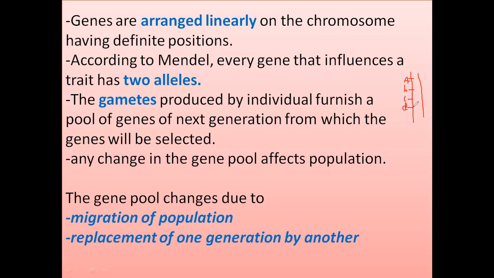According to Mendel, every gene that influences a trait has two alleles. We had already studied about this. Trait means, can you tell me what is the meaning of trait? Girls, answer my question. What is a trait? A trait is a character that has two alleles. Can you give me an example?